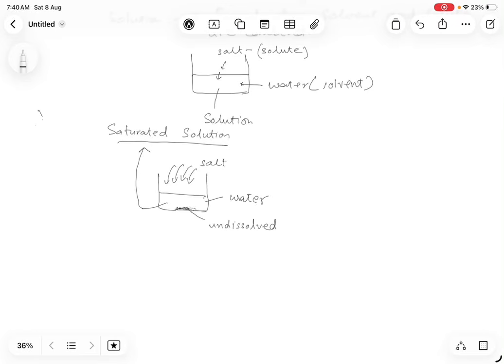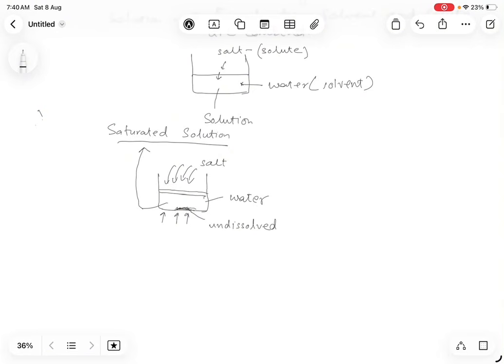We can make one adjustment to this experiment to get some more salt dissolved. That adjustment would be to heat this solution. When we heat this solution, the water is going to expand. Let's say the water might reach here.